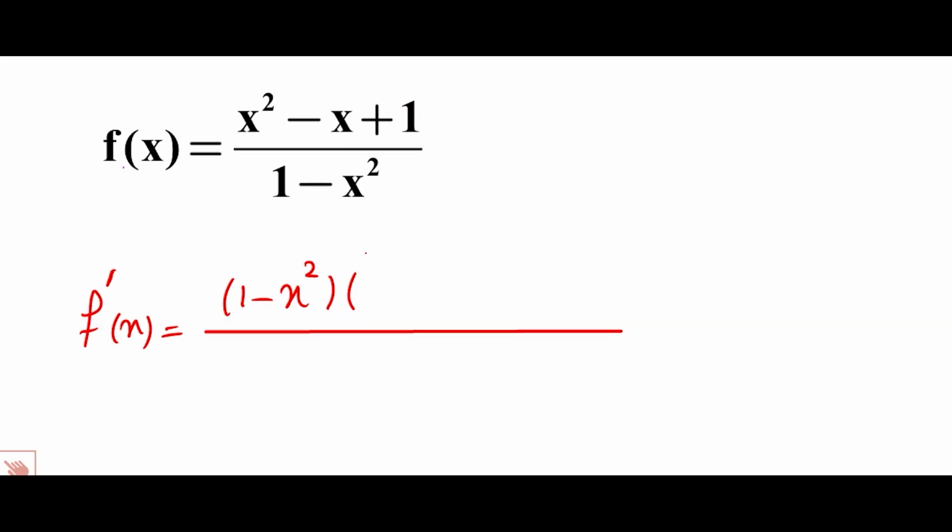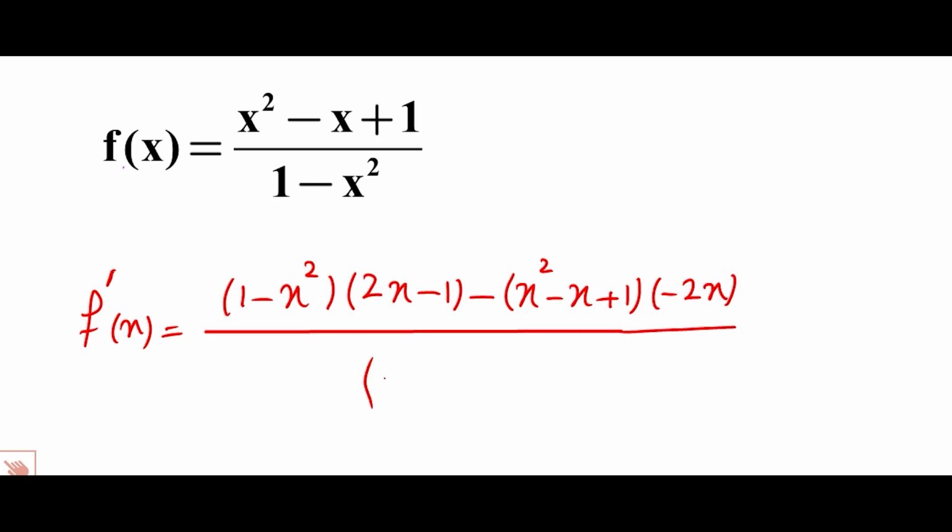The derivative of x squared is 2x, minus x, the derivative of minus x is minus 1, and the derivative of plus 1 is nothing, minus high d low. High is x squared minus x plus 1, times d low, which means the derivative of 1 minus x squared. So the derivative of 1 minus x squared is minus 2x, over low low, which means 1 minus x squared whole squared.